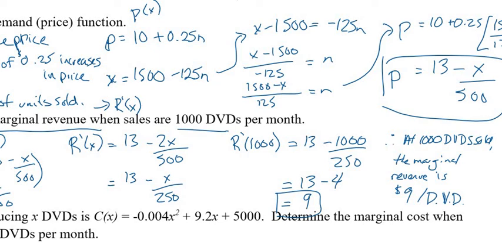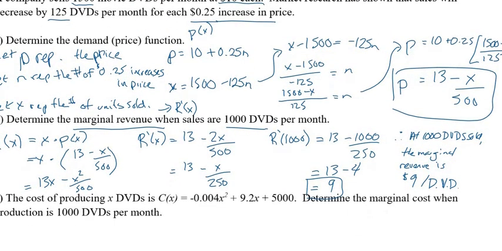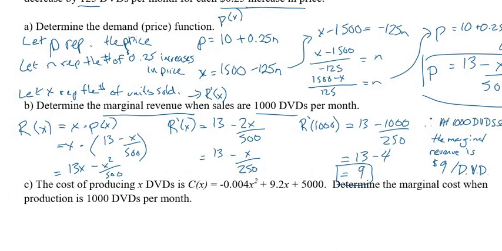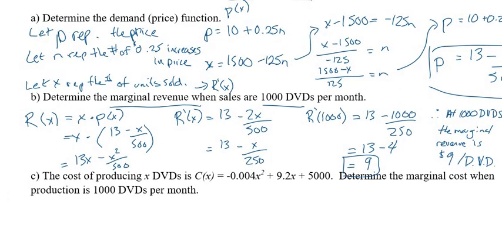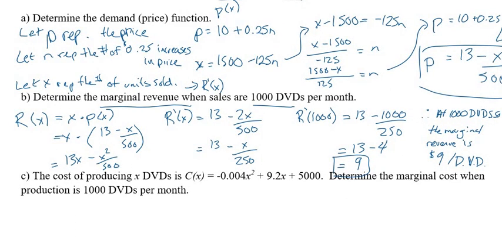So essentially that means that the revenue is increasing at a rate of $9 per DVD. So at 1,000 DVDs, the 1,000th DVD, we're going to be bringing in $9 off of that one, which may not be the same for maybe the 100th DVD or the 10,000th DVD. It'll all change depending on how many we're selling.